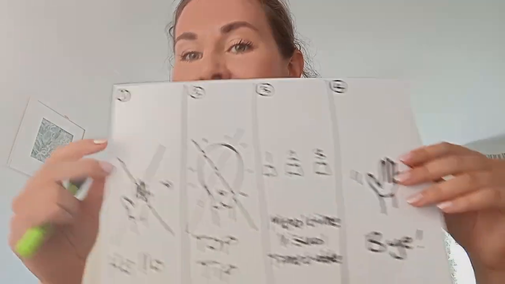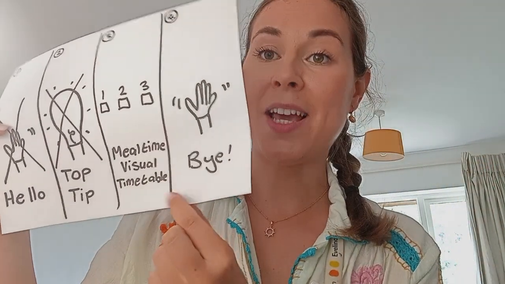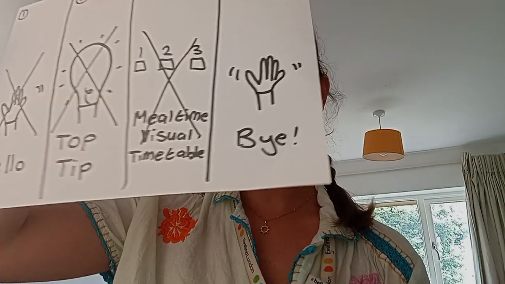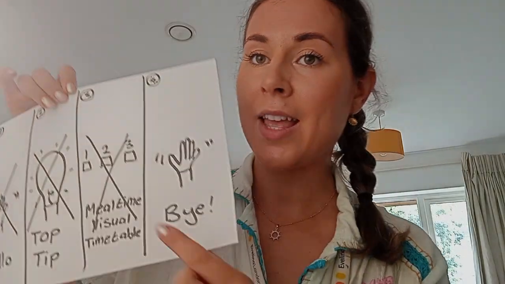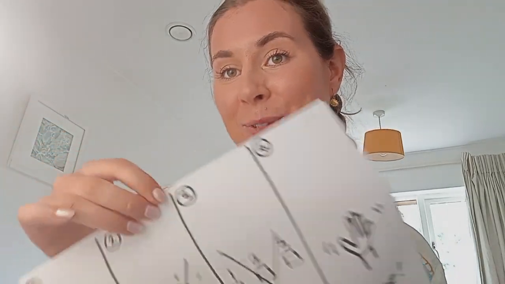And mealtime is finished. So now we'll go back to our original visual timetable because talking about mealtime visual timetables is now finished. Take my pen and I'm going to cross off mealtime visual timetable. Next, we'll do a summary and we'll say goodbye.